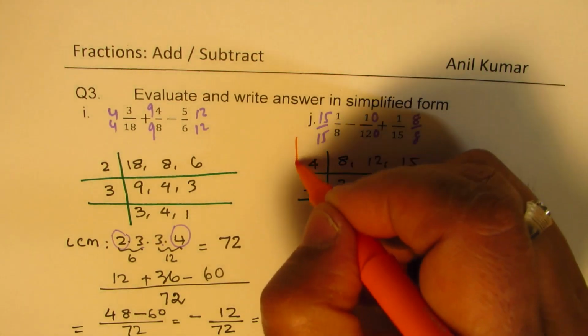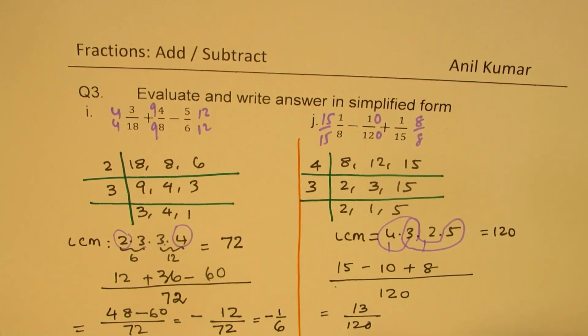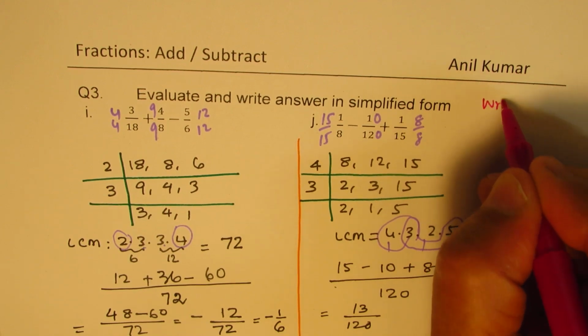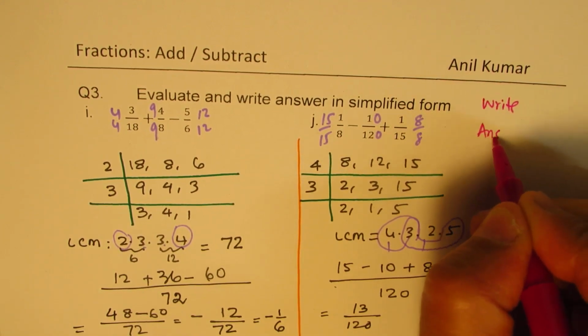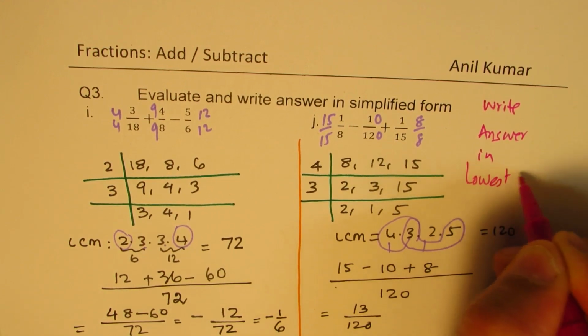Now the first one here, let's go back to this one. What we have here is 15 minus 10 is 5, 5 plus 8 is 13, so we get 13 over 120, which is in the lowest terms. So the idea here is when you find the solution, you have to write the answer in lowest terms.